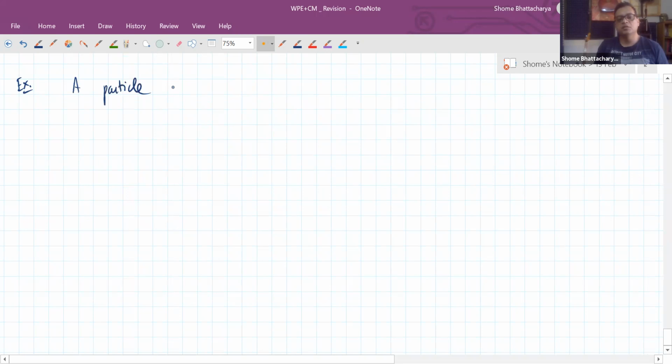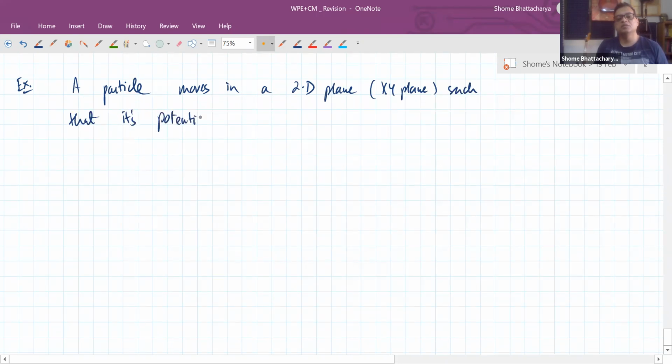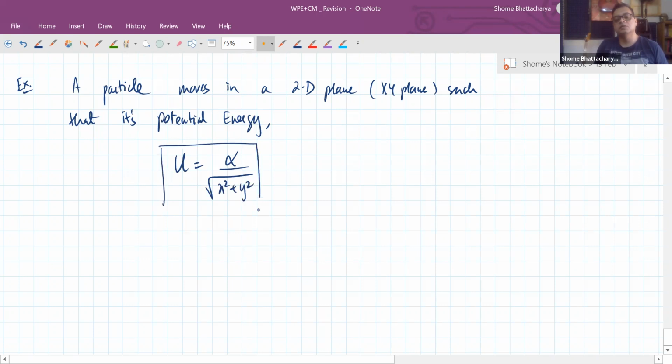A particle moves in a two-dimensional plane, the xy plane, such that its potential energy is given by the relation alpha upon square root of x square plus y square, where x, y are in meters and alpha is, let us say, 20 joule meters.